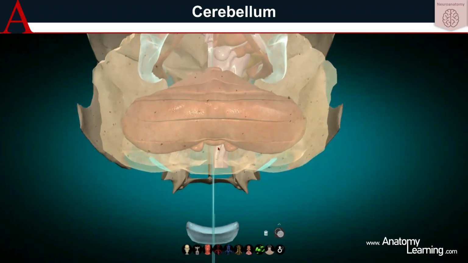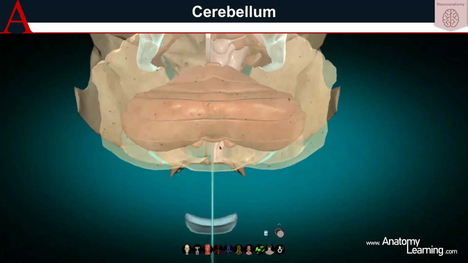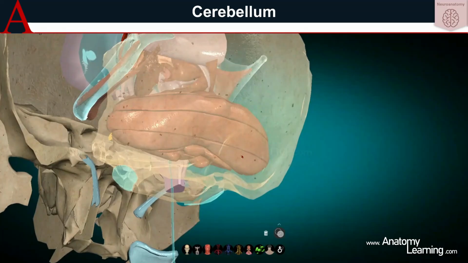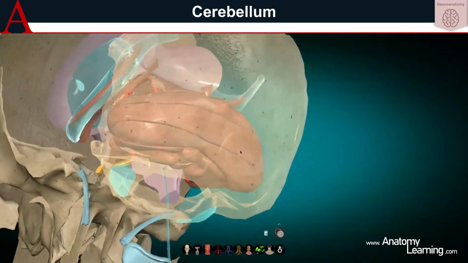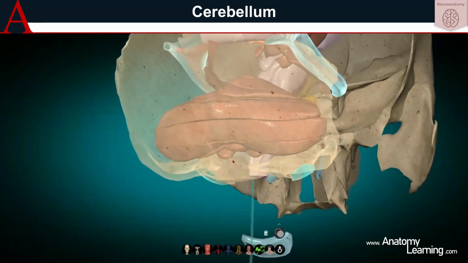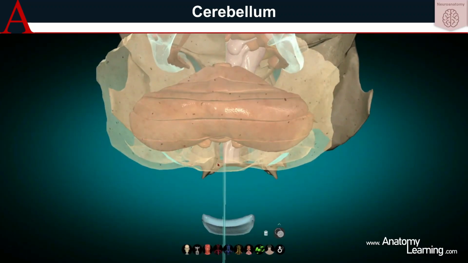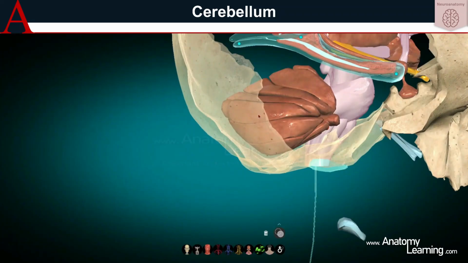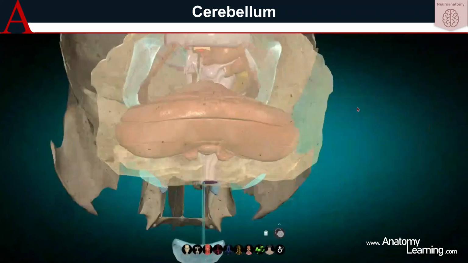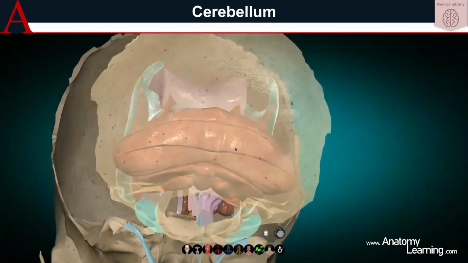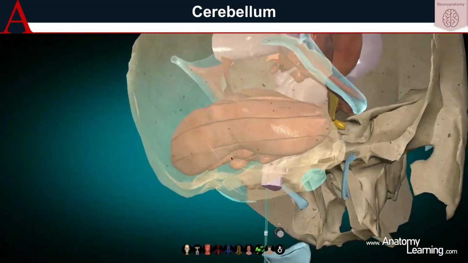When looking at the central area, a hollow can be observed, called the vallecula. It corresponds to the inferior surface of the vermis. In this hollow, the falx cerebri is located. The falx cerebri is a rather interesting structure, as it is a fold of dura mater in the occipital bone, separating the two cerebellar hemispheres.